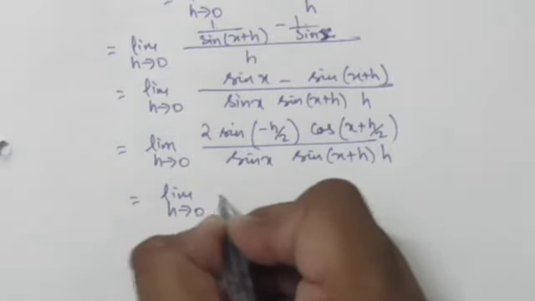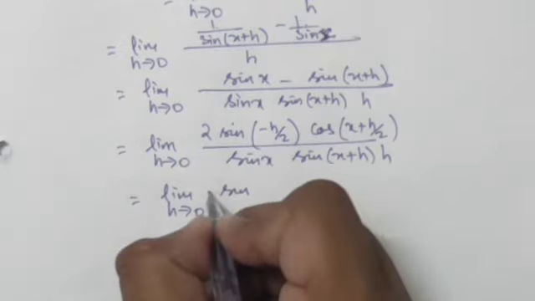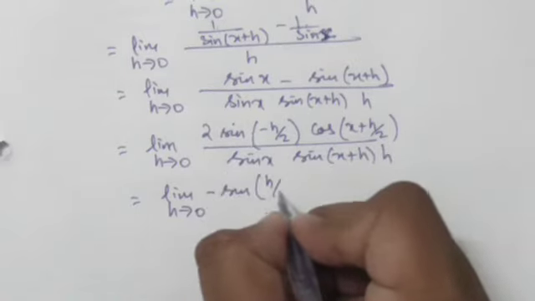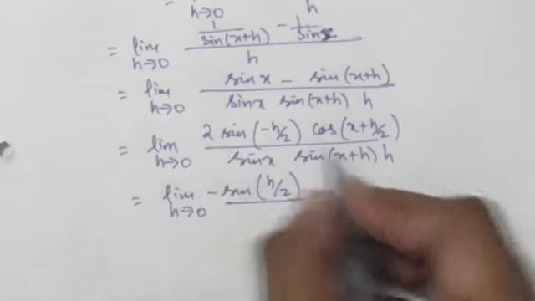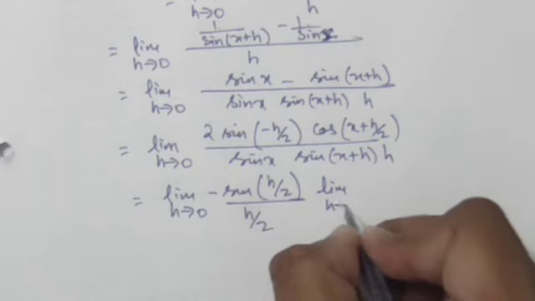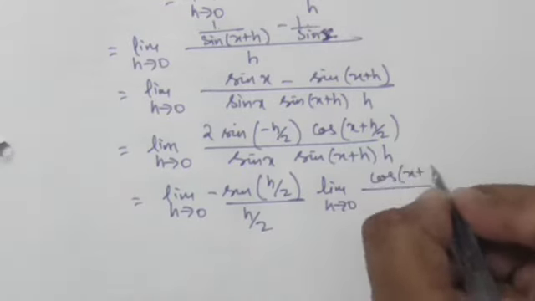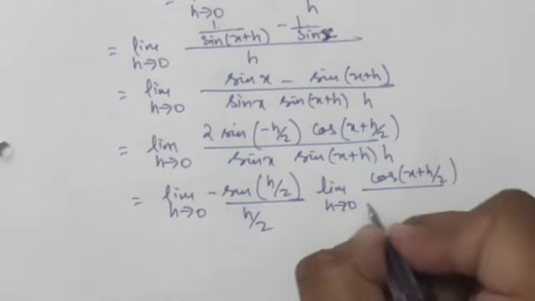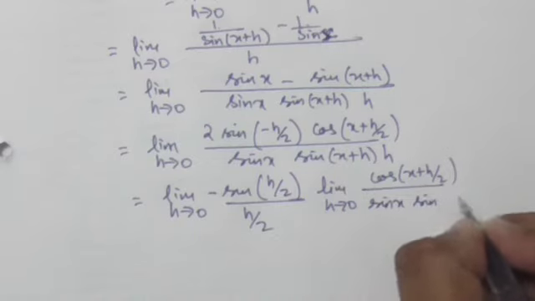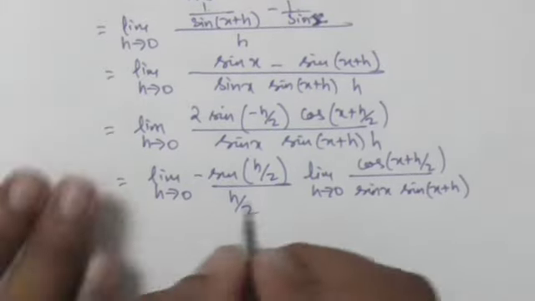So what is sin(-x)? It is minus sin x. So sin(-h/2) is minus sin(h/2). Now this 2 I will write here. cos(x + h/2) and sin x sin(x + h).